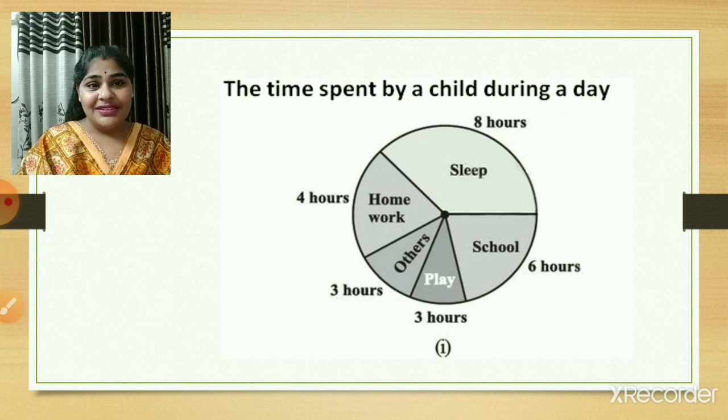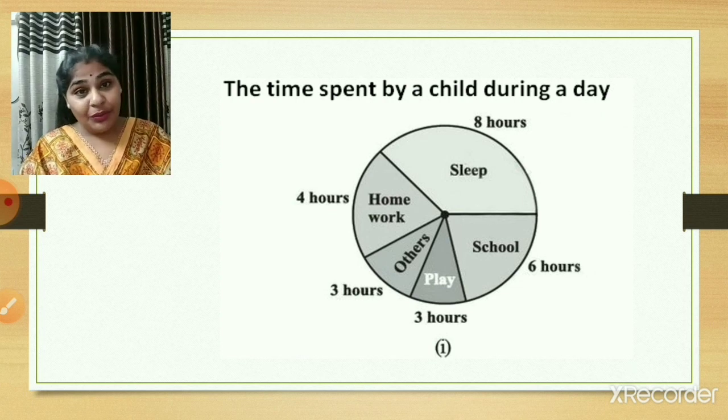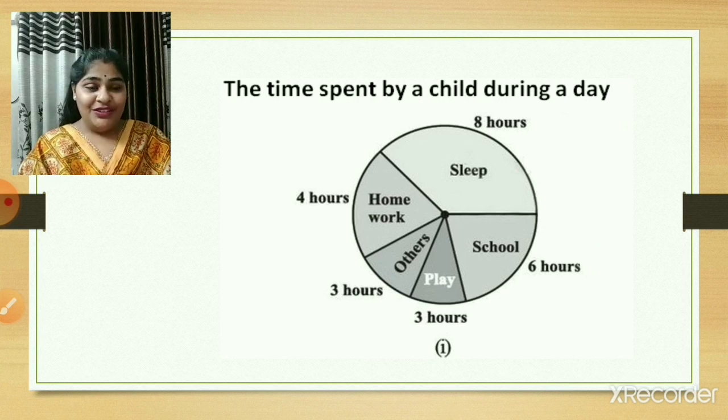This given data is of time spent by a child during a day. Looking at the pie chart only, you can understand what all things are given.